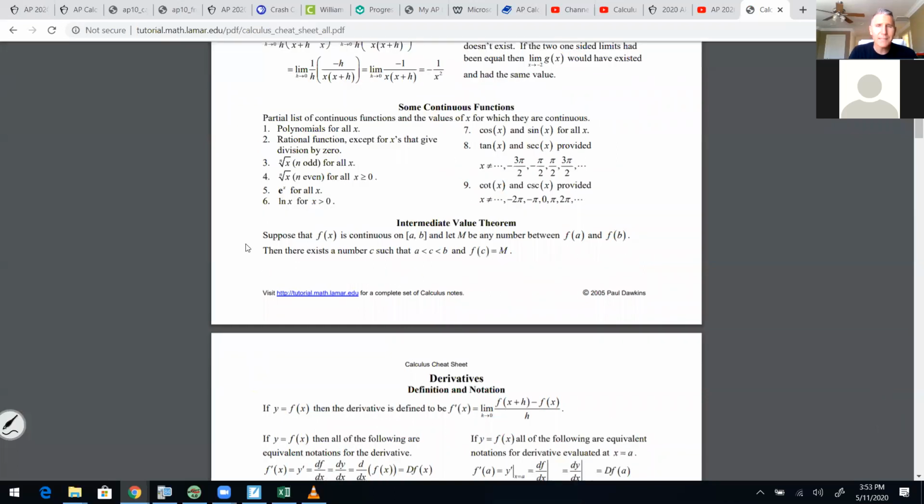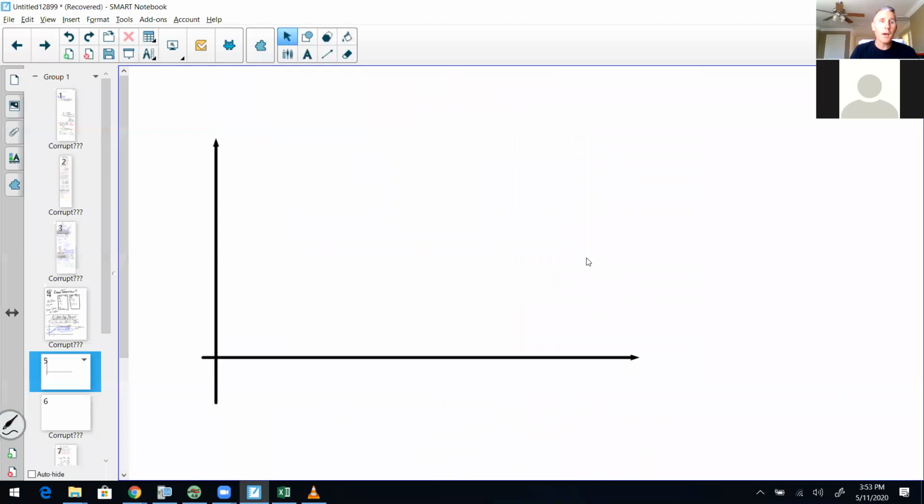Intermediate value theorem. It tells you what the theorem says. Suppose that f of x is continuous on closed interval a, b, and let m be any number between f of a and f of b, and there exists a number c such that if c is in between a and b, that f of c is equal to m. But then you're like, what the heck does that mean, right? So I'm not going to focus too much on you remembering exactly what they say, because you'll have that available. But this is the IVT, the intermediate value theorem.